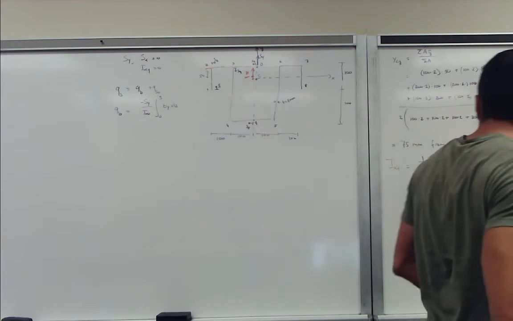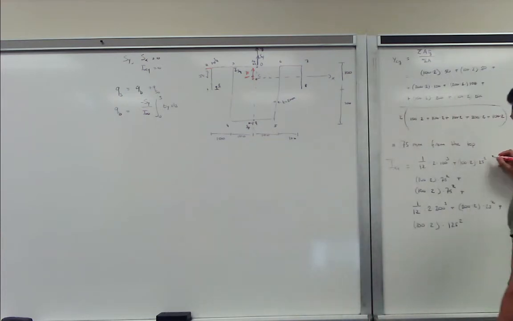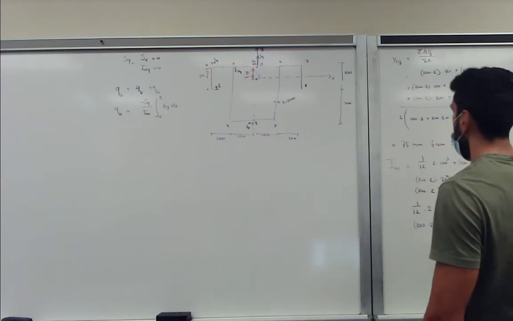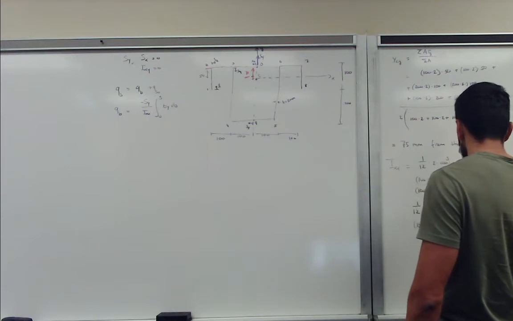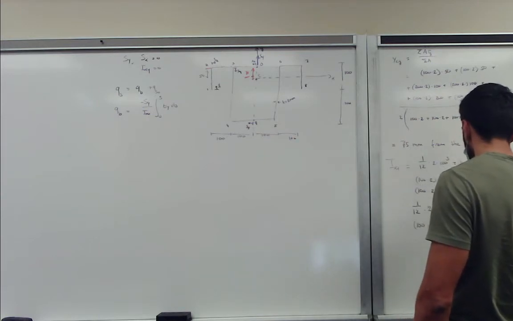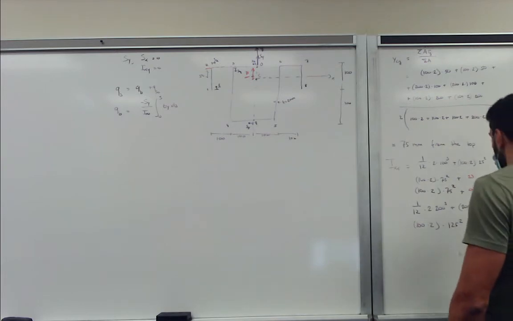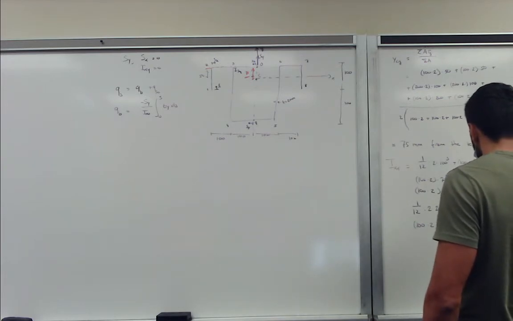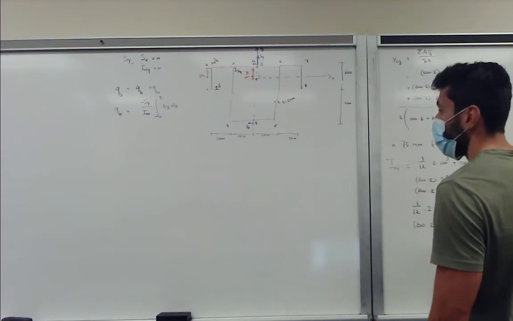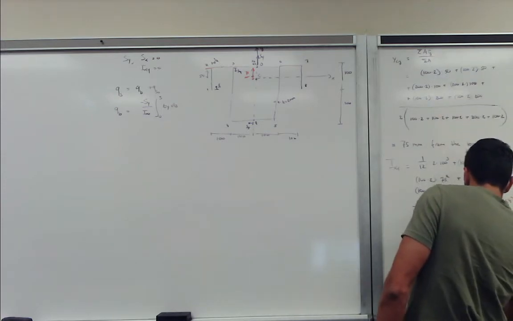So just to make things clear, this is the moment of inertia of 1-2. This is the moment of inertia contribution of 2-3. This is 0-3. This is 3-4. And this is 4-5.